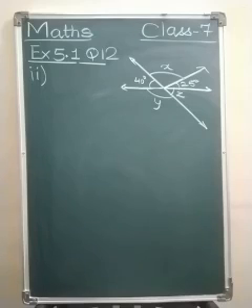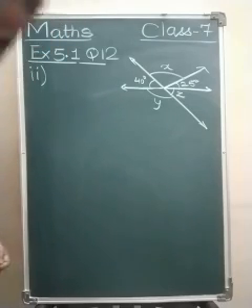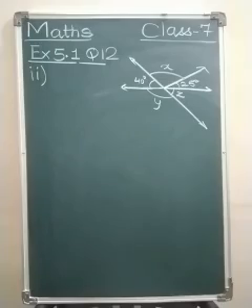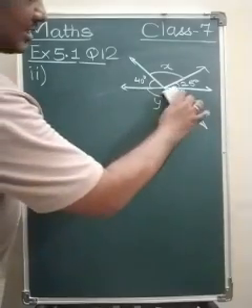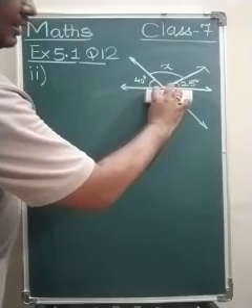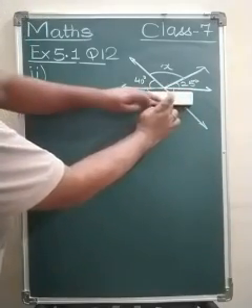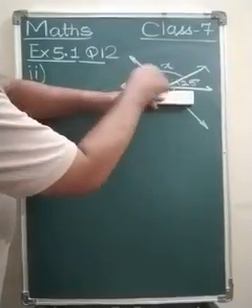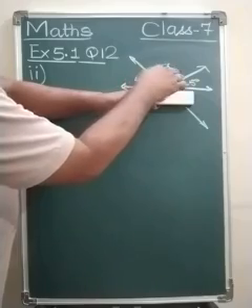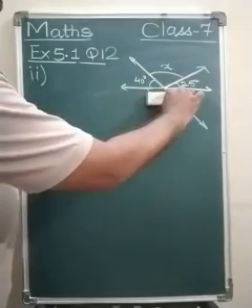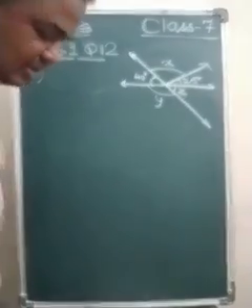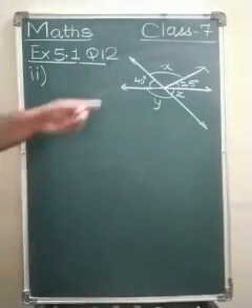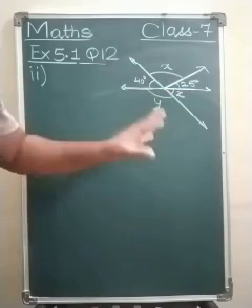Okay, so here we can see, just a moment. If you don't consider this part, then only this much part, here you can see a straight line is there and three angles are there: 40, X and 25. So these three angles are forming a straight line angle, and the measure of a straight line angle is 180 degrees.